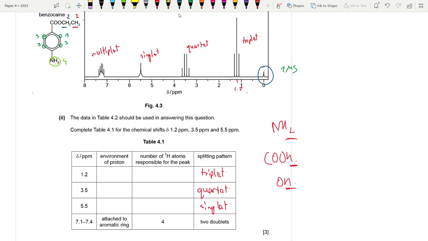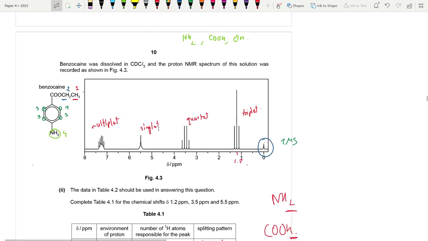The singlet is clearly okay. If you're attached to N, COOH, OH, there will be a very high chemical shift, and one other thing I forgot to tell you is that it's going to be a singlet. So this is the NH2. How many protons are responsible for this peak? Two, there are two protons in NH2. Let's go to the next one. If we zoom in here.